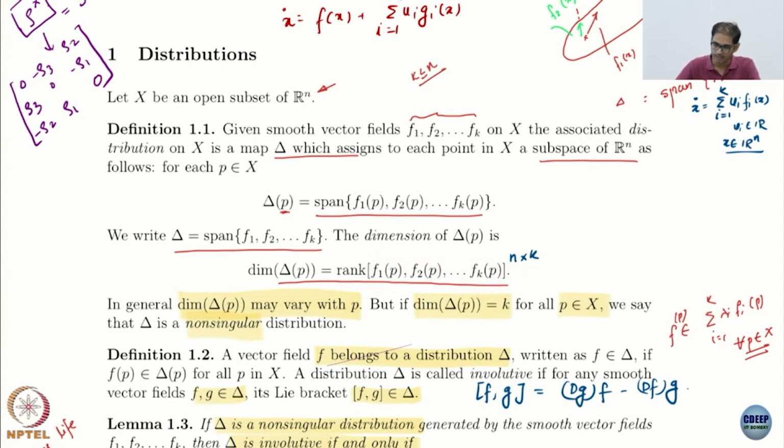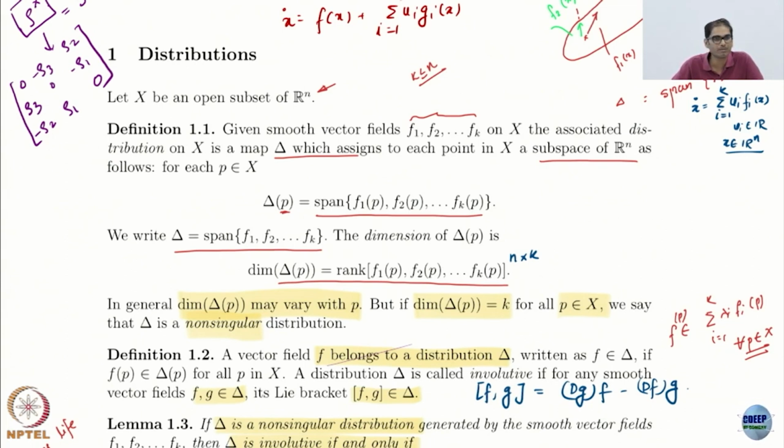That can be a problem, it can vary with p, but that's not what we look at. We usually look at distributions which have constant rank, which means the dimension remains the same for the entire space of interest, p in X, and such distributions are called non-singular distributions.